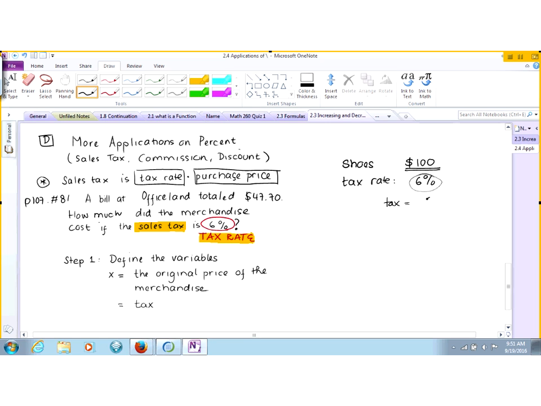How much tax do you have to pay on these shoes? $6, that's right. How much is your total price? Now, my question is, what is the original price here? 100, and this is your tax rate. So this is 0.06 times 100.